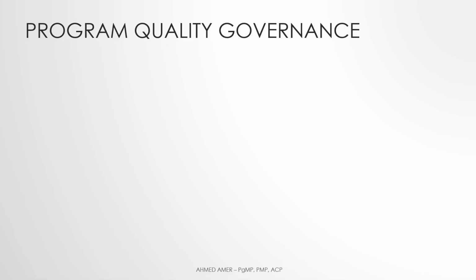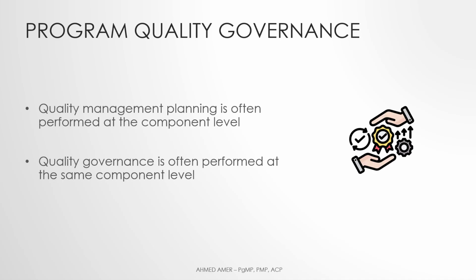Quality governance plays a critical role in ensuring programs' success. As quality management planning is usually handled by individual teams or components within the program, it's governed at the exact level. The people responsible for governance have the job of reviewing and approving how each team plans to manage quality.